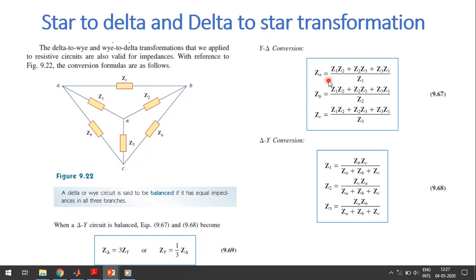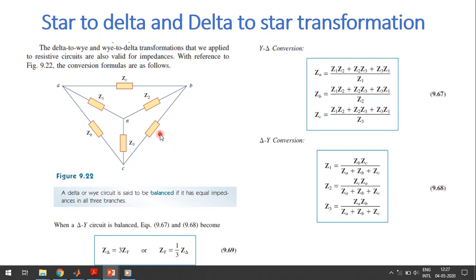Suppose you are going to find out the impedance ZA, then ZA will be equal to the product of all combinations of impedances, so Z1 Z2 plus Z2 Z3 plus Z3 Z1, divided by the opposite impedance.